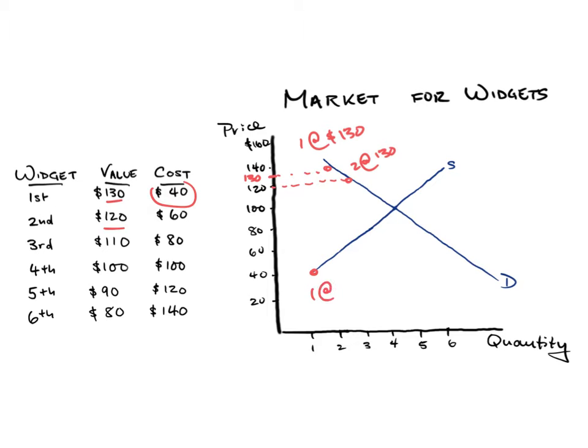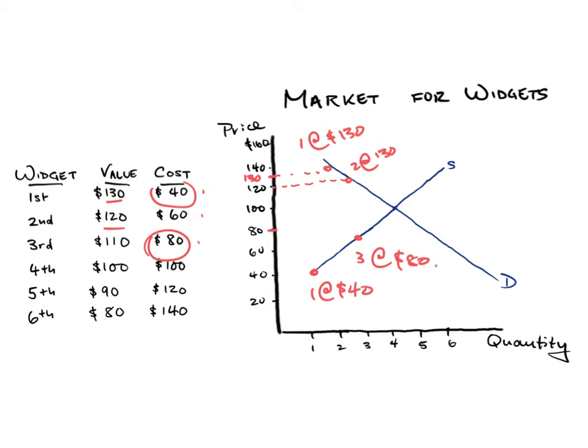There would be one widget produced at a price of $40. If the price were $80, then the first, second, and third widgets would all get produced. So at a price of $80, there would be 3 widgets produced, and so forth.